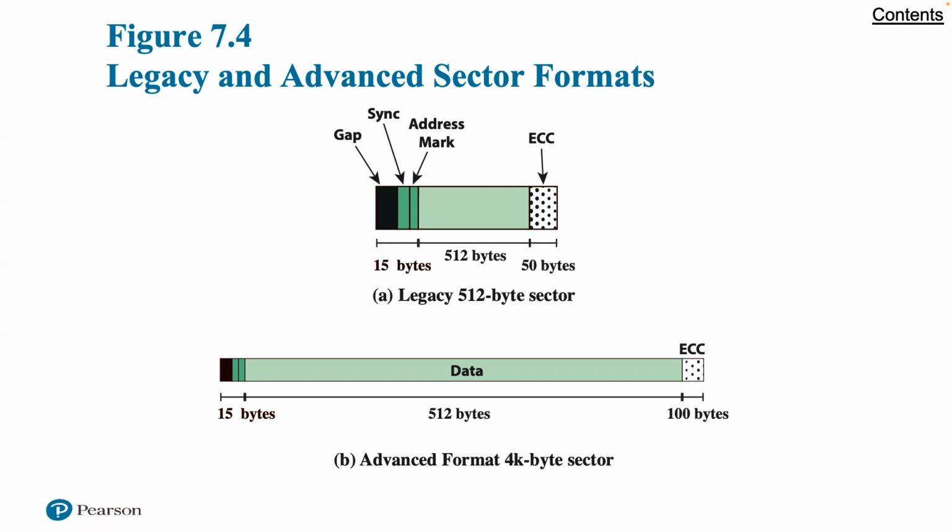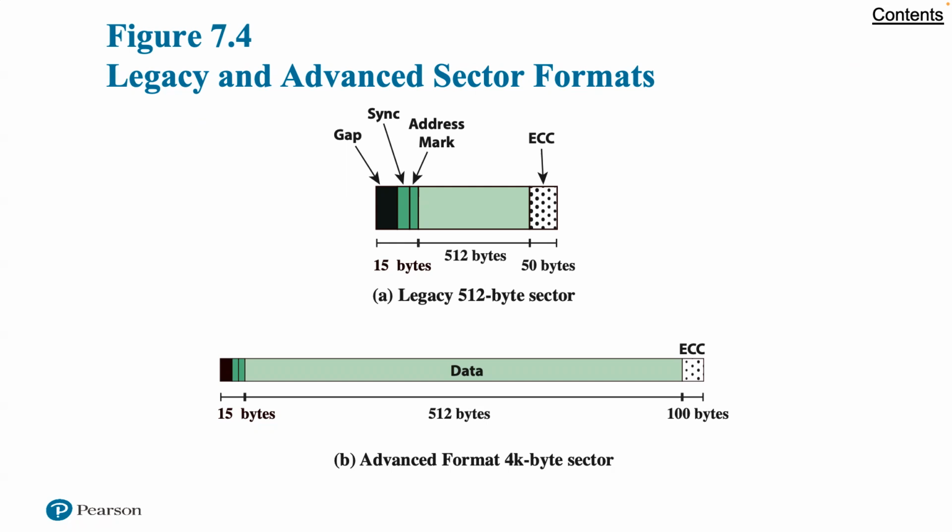Figure 7.4 shows 2 common sector formats used in contemporary hard disk drives. The standard format, used for many years, divides the track into sectors, each containing 512 bytes of data. Each sector also includes control information useful to the disk controller.